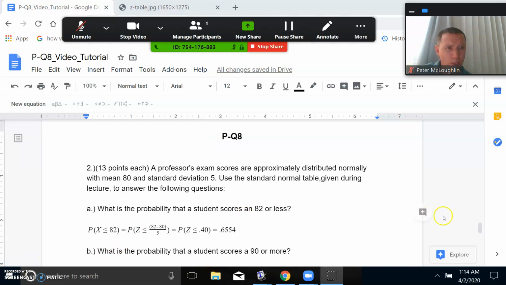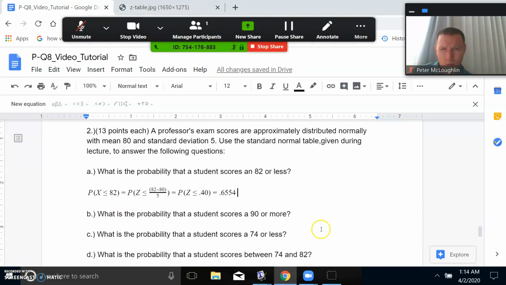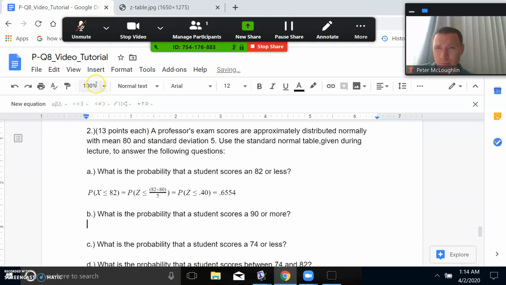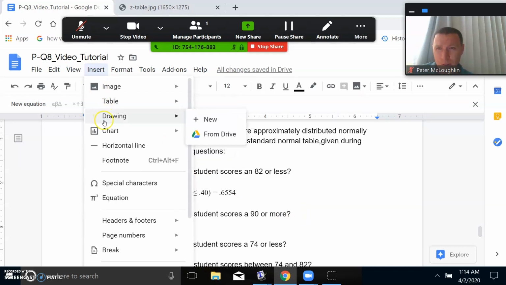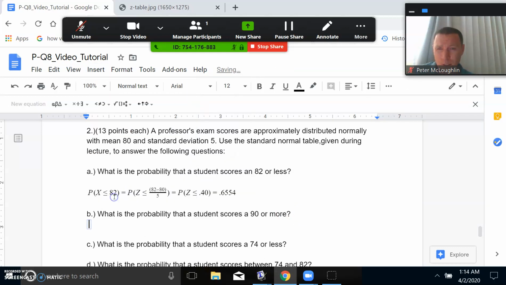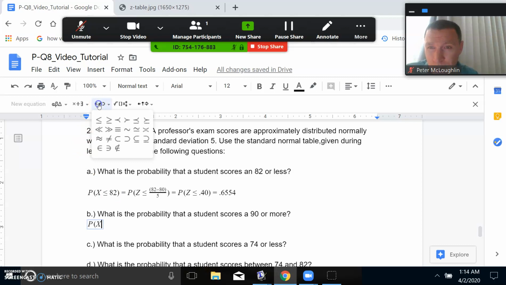Okay, so part B. What's the probability that a student scores a 90 or more? We're looking for the probability that X is larger than or equal to 90.